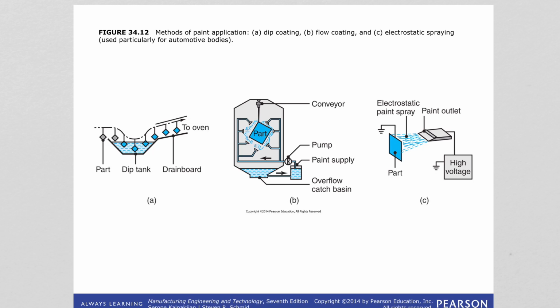The excessive coating will drip off, then it's collected, filtered, and reintroduced into the system again. And there is the electrostatic spraying. The paint particles are charged electrostatically and they are attracted to the surfaces, producing a uniform coating.